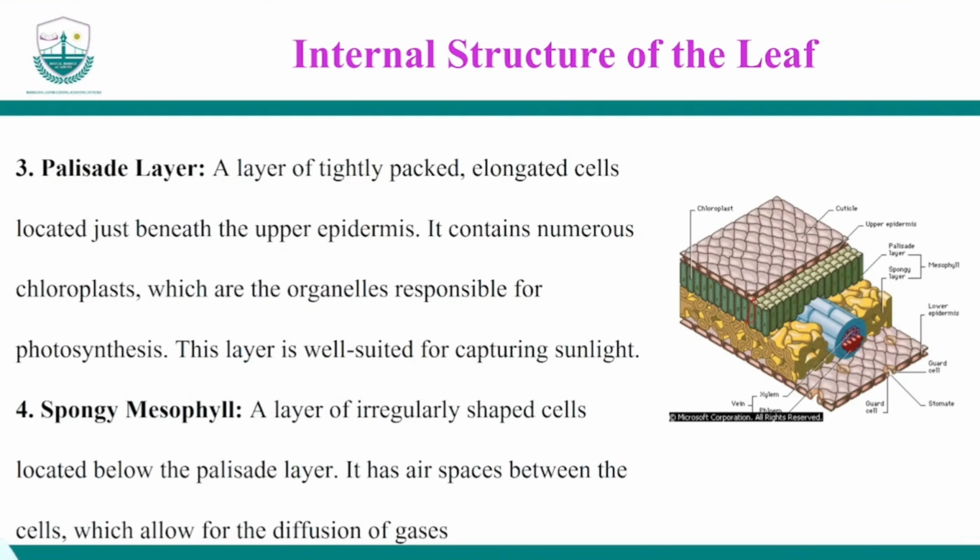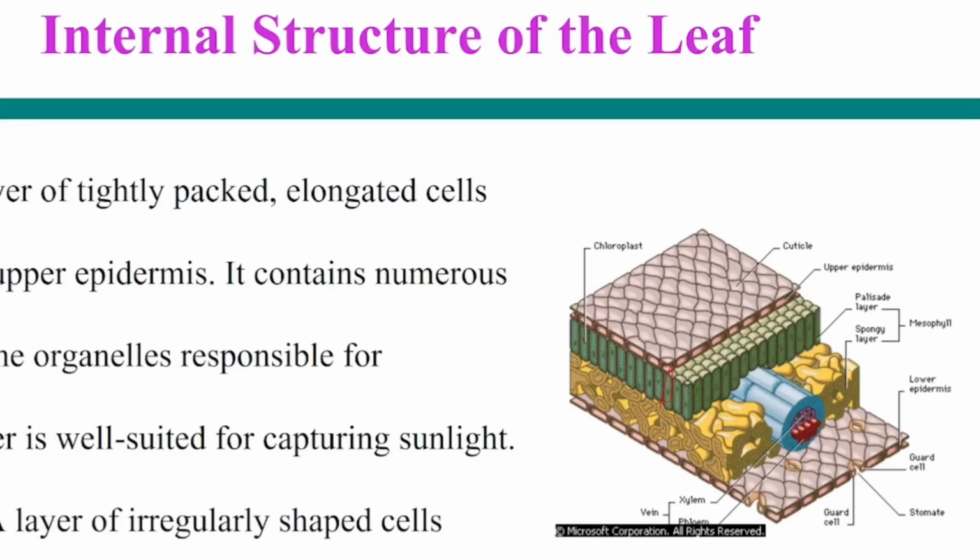One of the key features that they have is that they have numerous chloroplasts, and the chloroplasts are the ones that absorb or capture light energy. That is very important because the light from above shines on the upper surface of the leaf, and if you have numerous chloroplasts in the palisade layer, then that is an advantage.